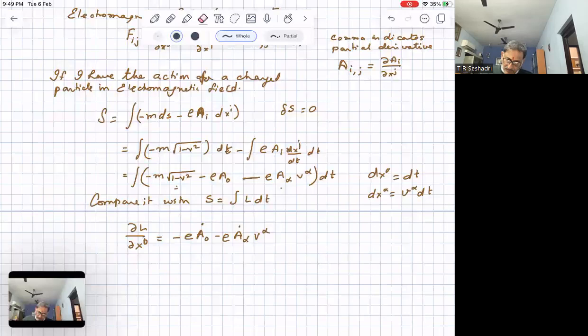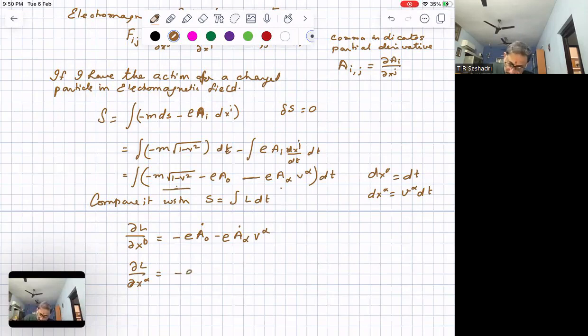Del B alpha. Okay, so fine. So del L by del T. And then I'll have del L by del X alpha will be equal to, again, there is no X dependence here.